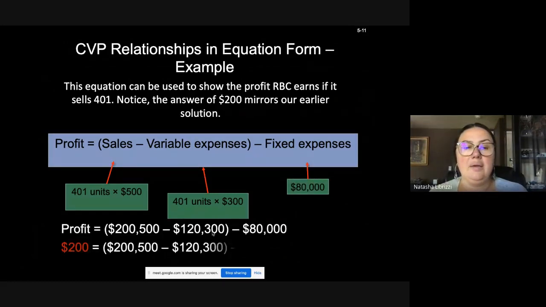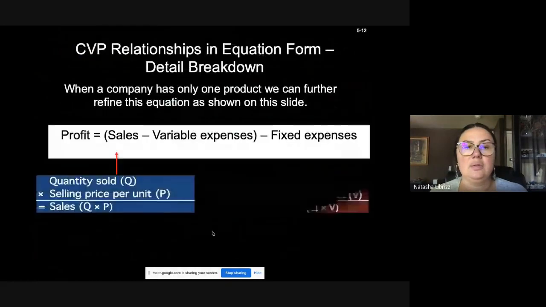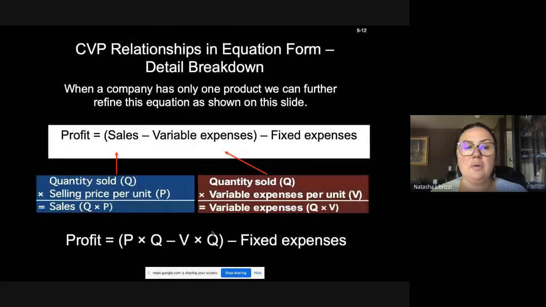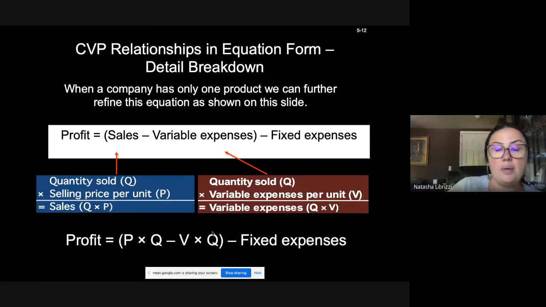And if we plug everything in, we can also look at it as a formula. So these are just abbreviations set up with the same concept. Now, you guys remember sales: we took quantity sold, those 500 bikes, times $500, and we got total $250,000 sales. The same thing happened with variable cost.